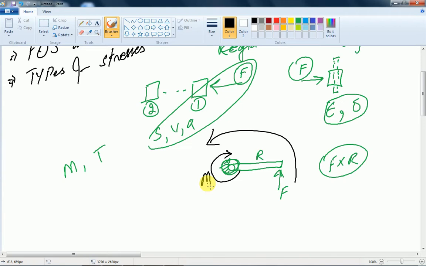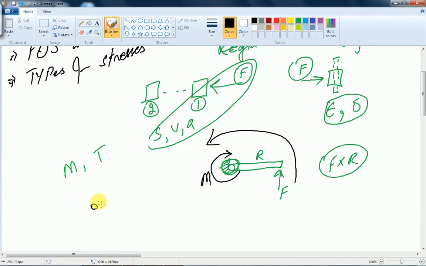This internal resistance is basically called the moment effect. So we can relate this internal resistance as moment, and it is very different from torque, as torque was the apparent property and it was the turning effect.